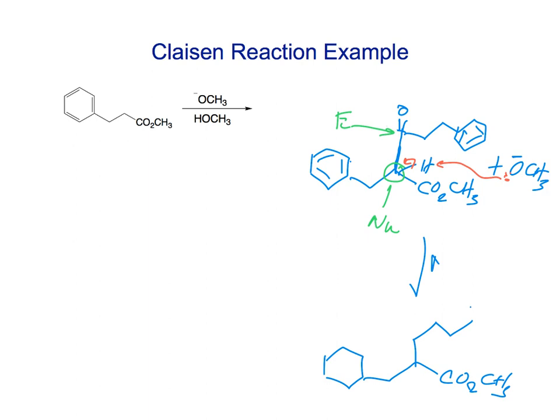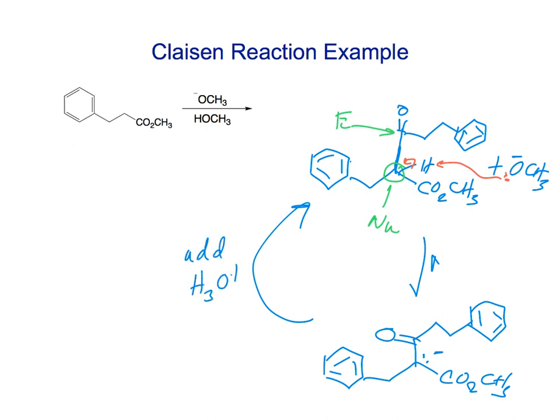And this would be the anion at this position. So we've just deprotonated that position. And if we want to get to the neutral product, then we just add some acid. Okay, we just neutralize.